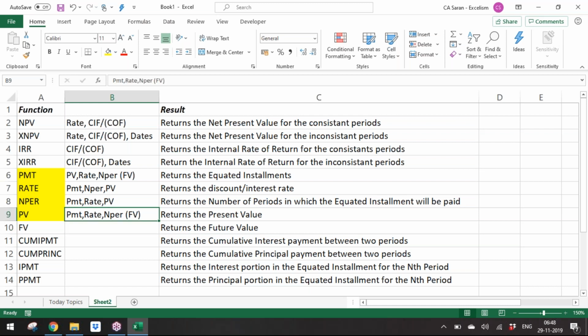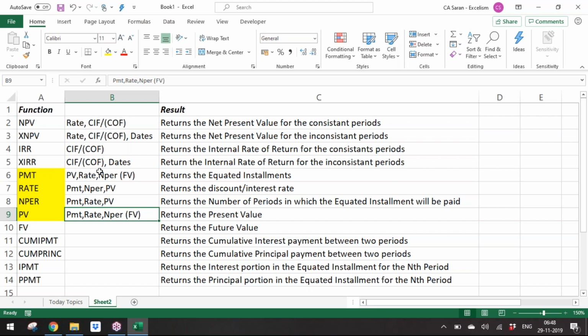If every month I pay, let's say it's like an insurance policy, every month we are paying. After 10 years, we'll get to know, at the time of redemption, how much amount we are getting. That means after 10 years, the amount which we are getting is a future value.